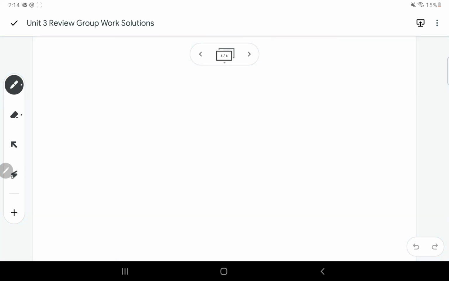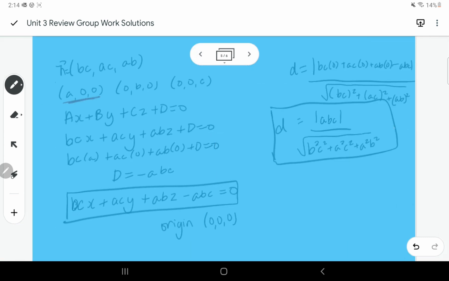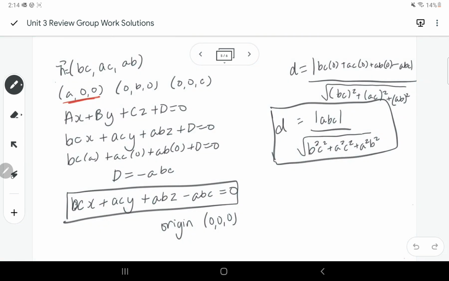So what we want to prove here is that 1 over D squared equals 1 over A squared plus 1 over B squared plus 1 over C squared. So I'm going to start on the left side, 1 over D squared. Now, I had this whole thing that D was equal to.